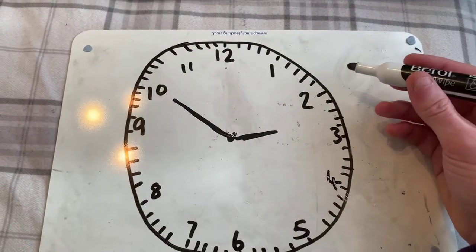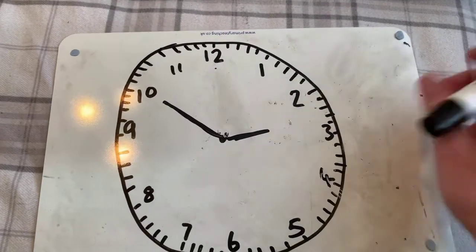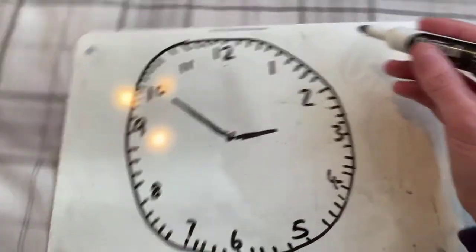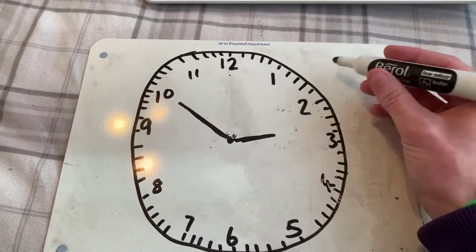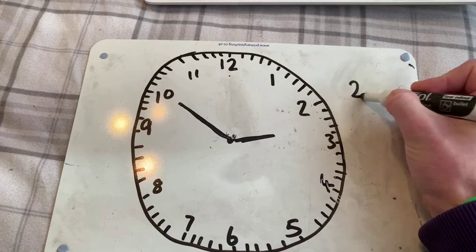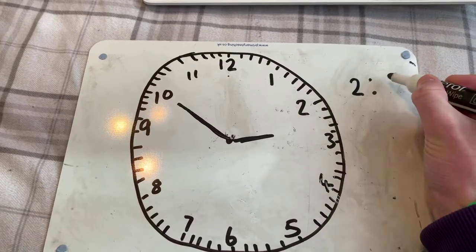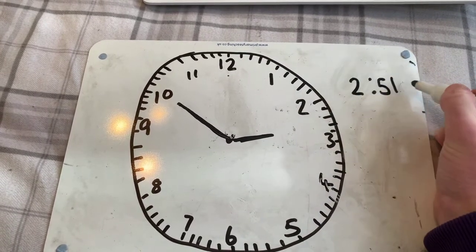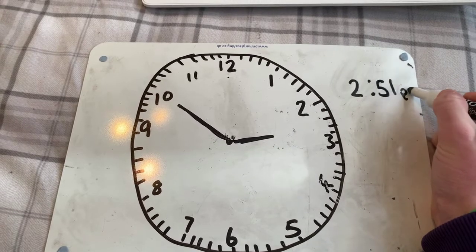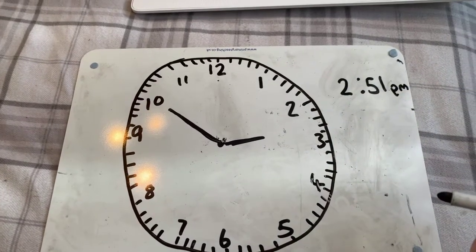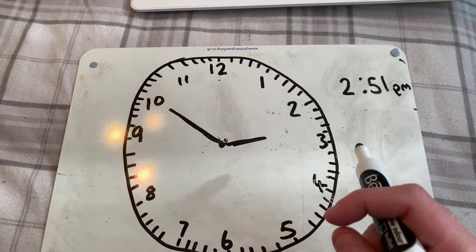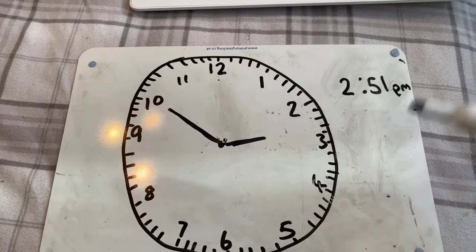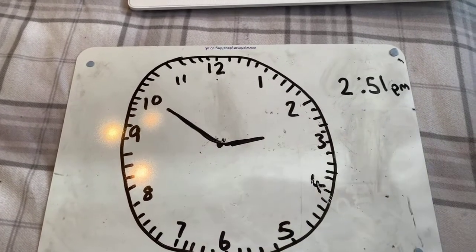Okay, so let's write this as a digital time. So we're going to have 2:51 p.m. And if we want to convert that, so 2:51 p.m. or 9 minutes to 3.